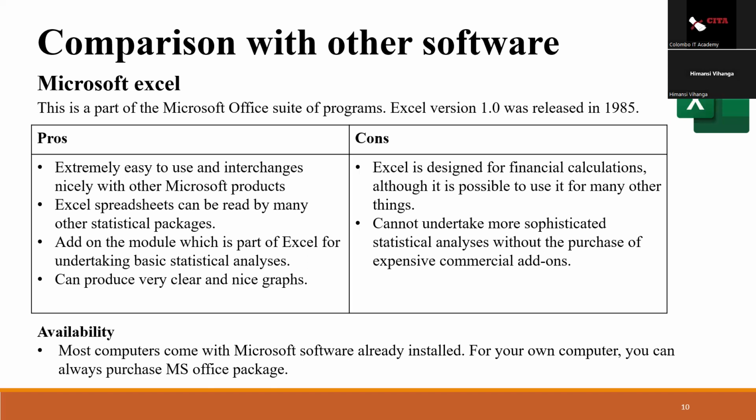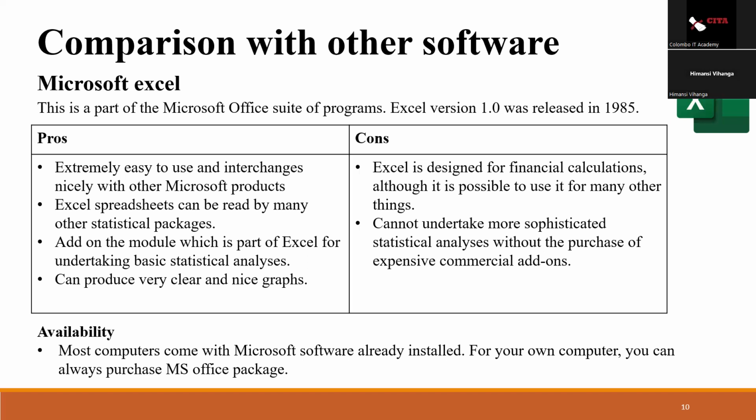So if your computer has Microsoft Office suite packages, then you are able to use Microsoft Excel. So I have noted down here some pros and cons of Microsoft Excel and also the availability.